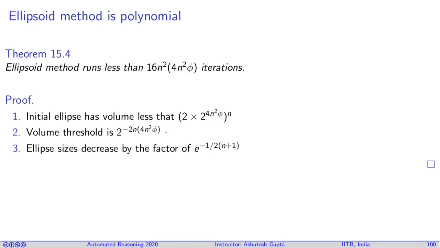Then you can just do the calculation that in these many polynomial steps you will hit this small size. Therefore you find a satisfying assignment in polynomial time, or not.